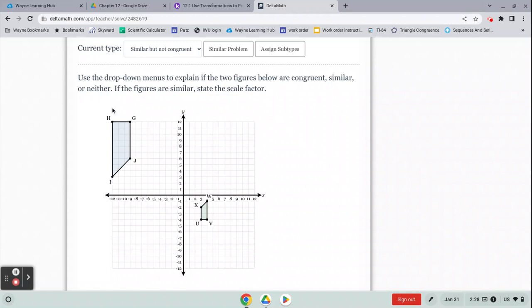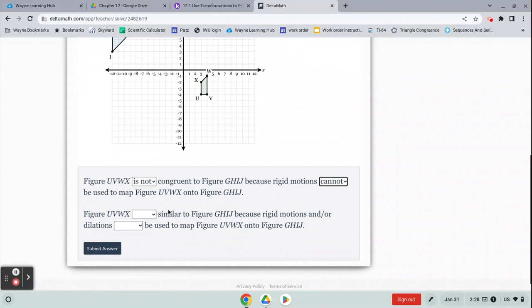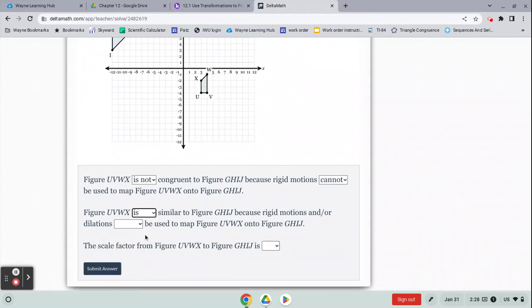Now from I to H, that has a distance of 9. Meanwhile, from W to V, that's a distance of 3. Once again, 1/3 the size. Everything is 1/3 the size. So it is not congruent because it's not the same size, so it cannot be done with rigid motion. However, it is similar because it can be mapped with dilations.